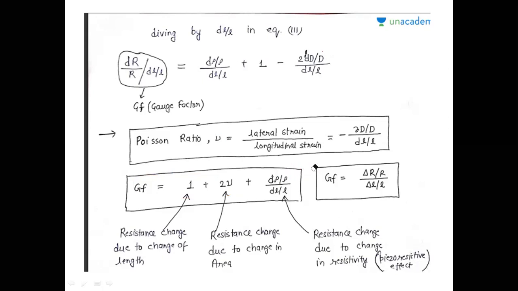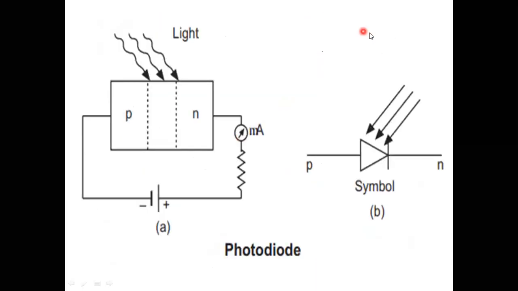Right. Now let us move on to the last concept of this unit, photodiode. This is the symbol of photodiode.